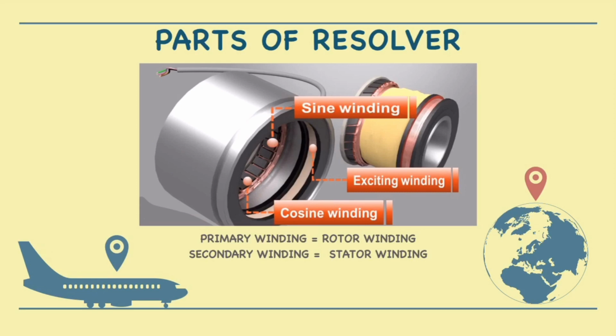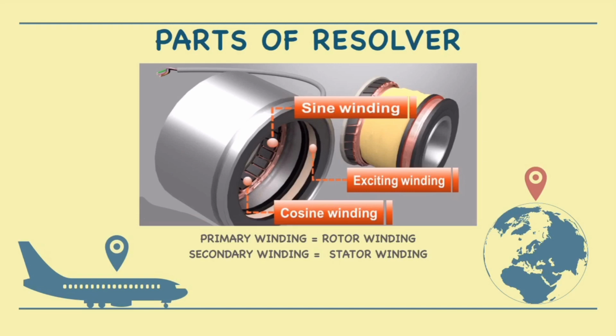The rotor has a pair of winding called reference winding or primary winding. The rotor is located in the stator and attached to the motor shaft. On the other hand, the stator has a pair of winding known as exciting winding in it.